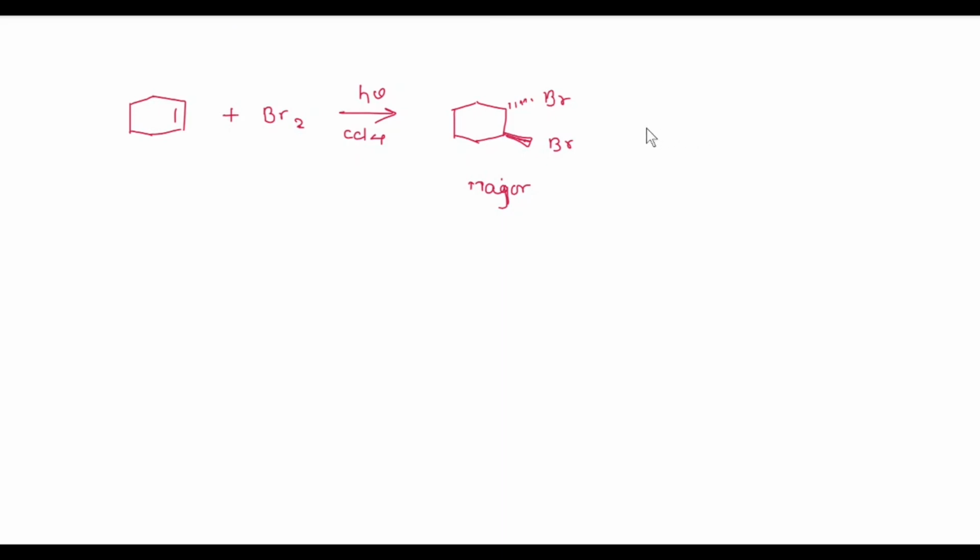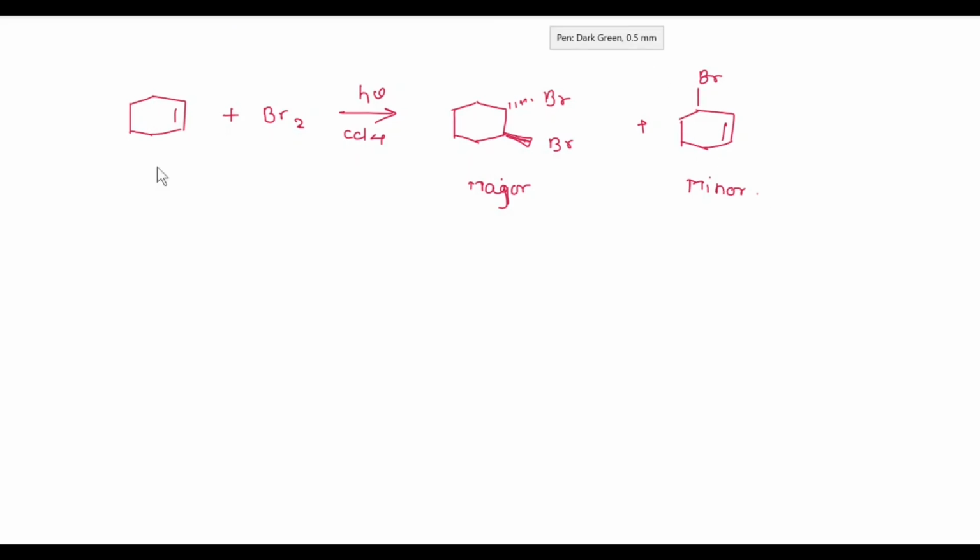If we carry out the reaction of an alkene with Br2 in presence of light, we get the addition product as a major product and the substituted product as a minor product.